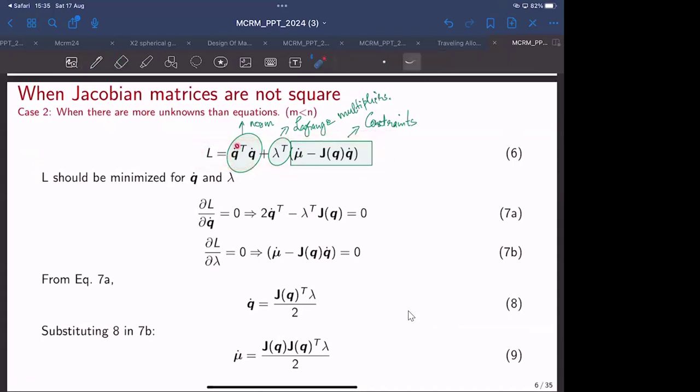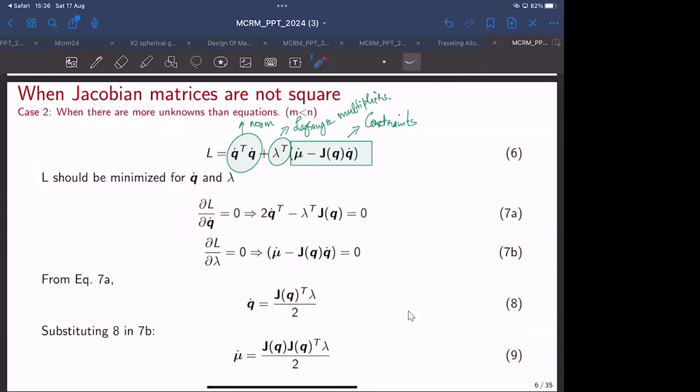The first is q dot, and the second is lambda, because that is also an unknown that we have assigned. To do that, we first take the partial derivatives of the objective function with respect to q dot and with respect to lambda, and equate them to 0 to solve for q dot and lambda.